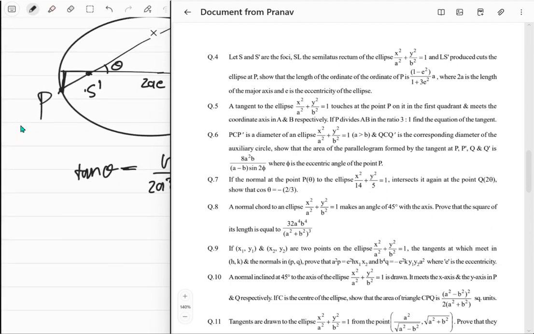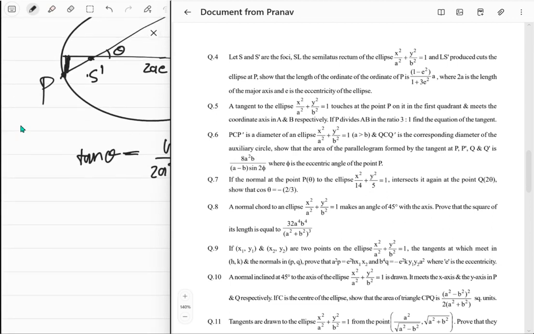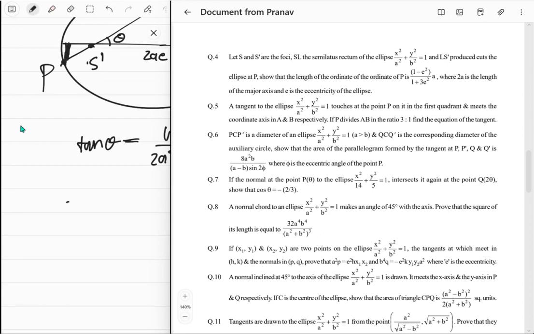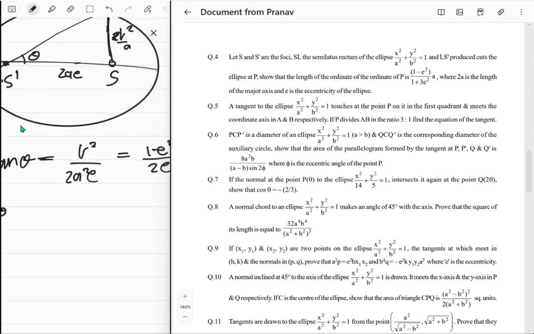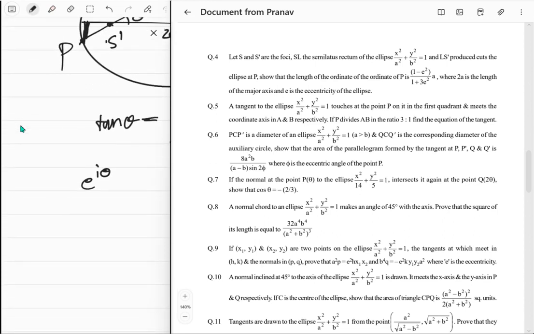Okay. And what we just want is this y coordinate. Cool. We know that this guy will just have the coordinates as e power i theta, and then, oh, by the way, the semi-latus rectum length is b square upon a, right? Sure.